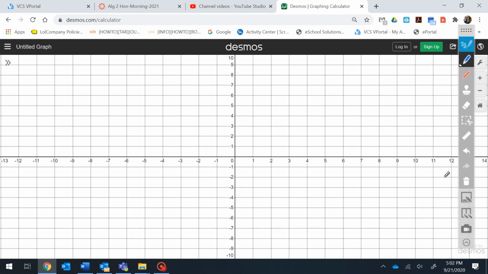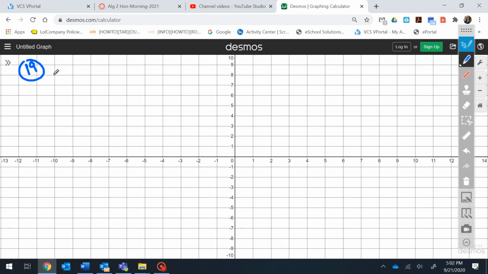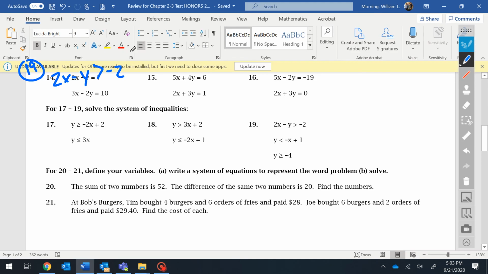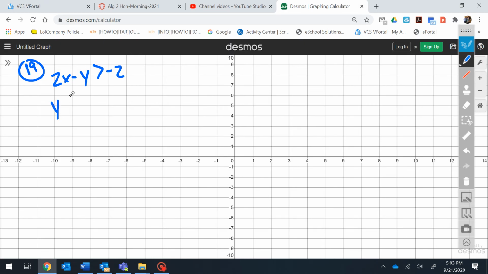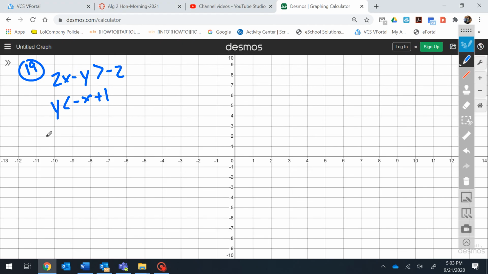All right, number 19. 2x minus y is greater than negative 2. Y is less than negative x plus 1. And y is greater than or equal to negative 4.